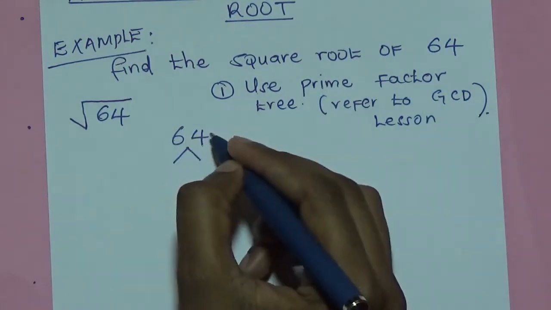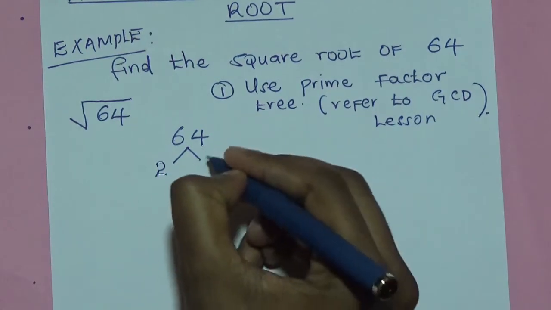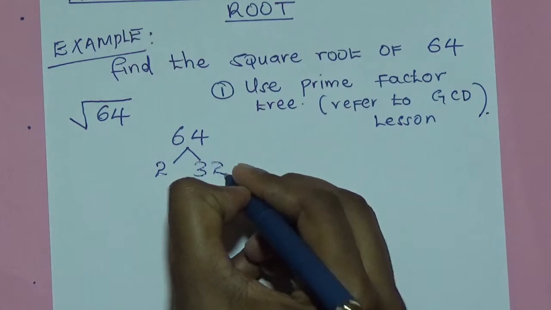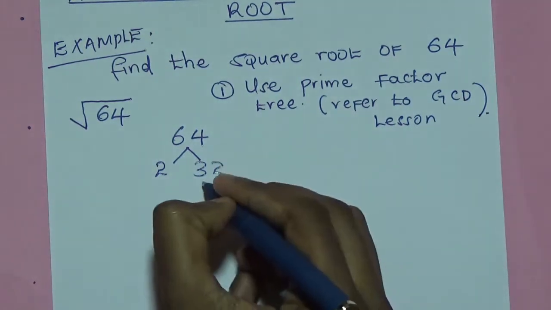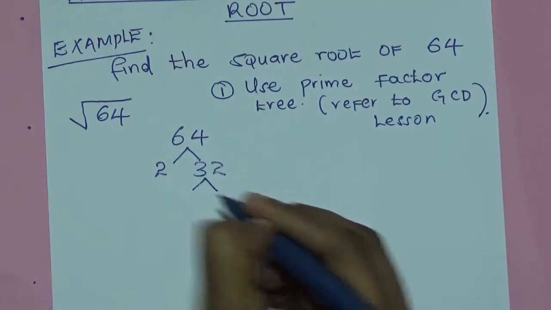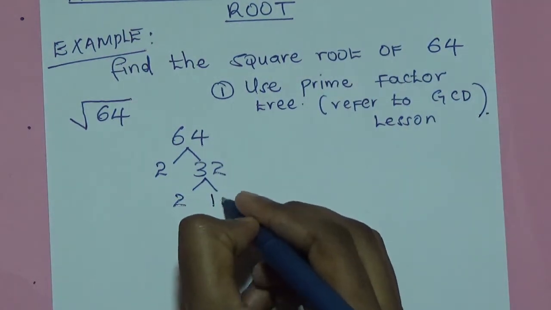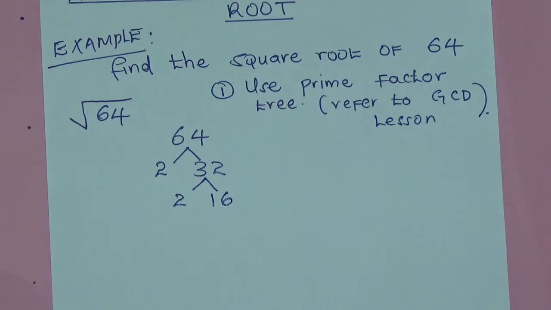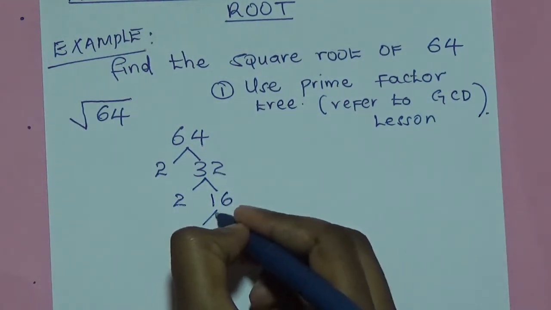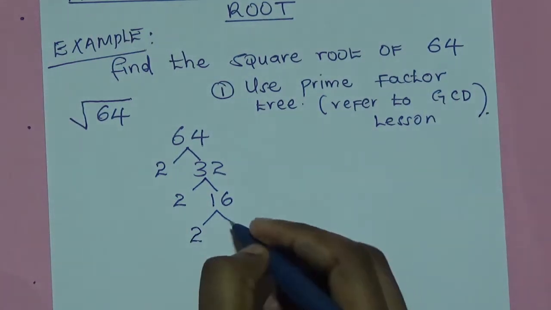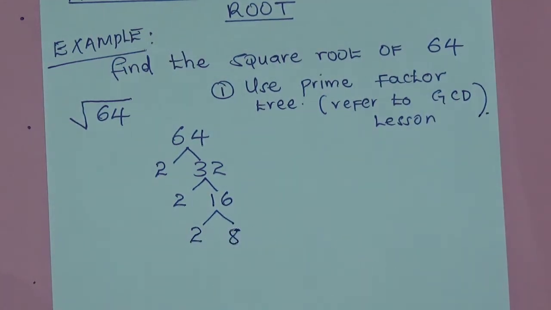So 64 can be divided by 2. 64 divided by 2 will give you 32. Then 32 can still be divided by 2 again. 32 divided by 2 will give you 16. Then 16 can still be divided by 2, and we are left with 8.